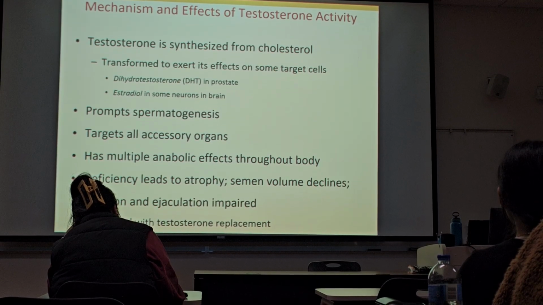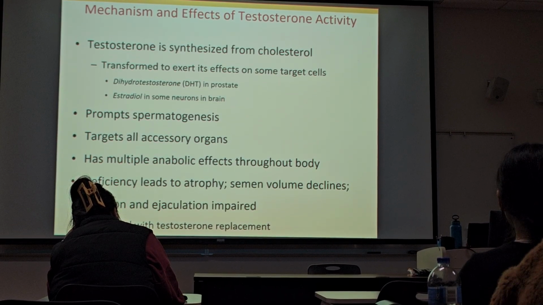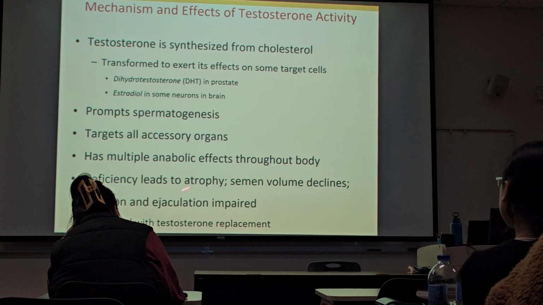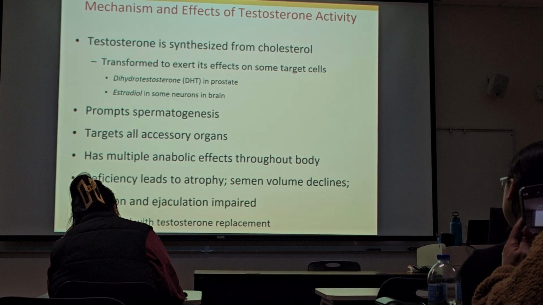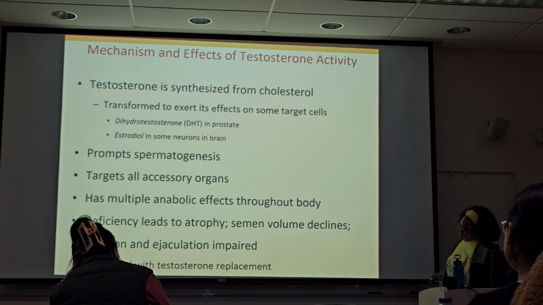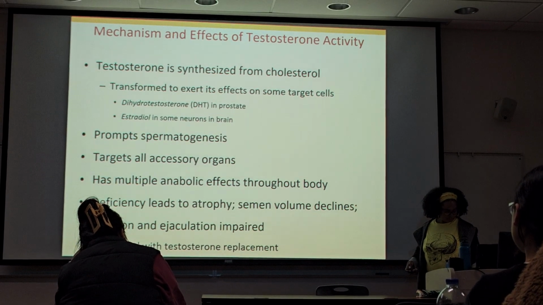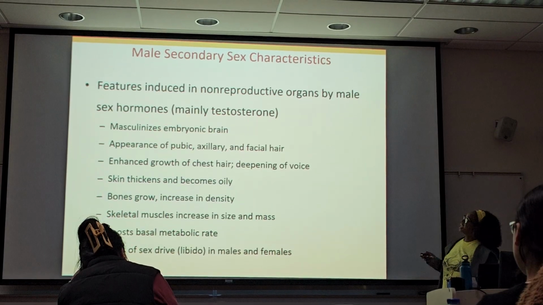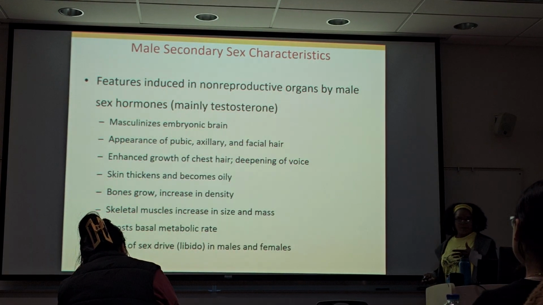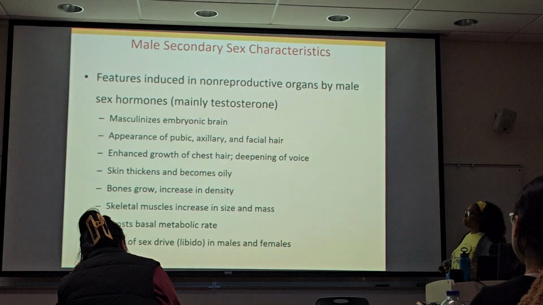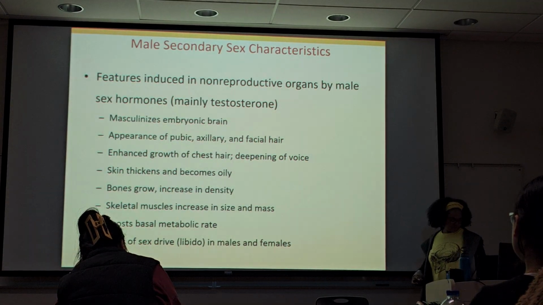So a lot of changes happen upon the production of testosterone that turns on the whole male characteristic development. And it contributes to the secondary male characteristics as well, okay? Facial hair, more muscle mass, and so forth.